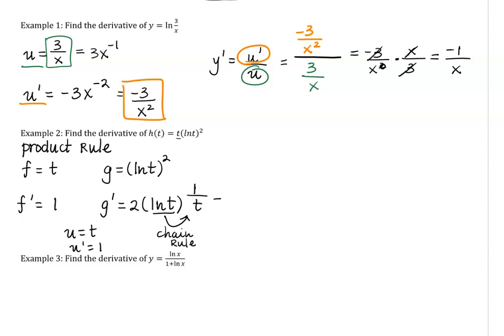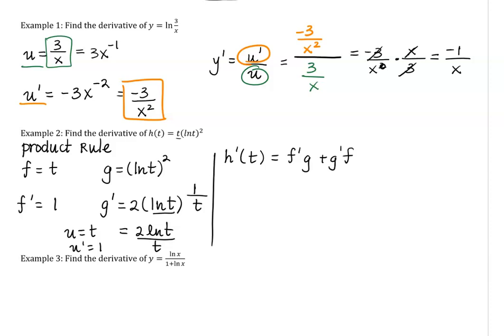I'm going to rewrite our g prime just so it looks a little bit better. This is really 2 natural log t all divided by t. And now we're ready to look at what h prime of t is, which will be f prime g plus g prime f. This is us using the product rule.